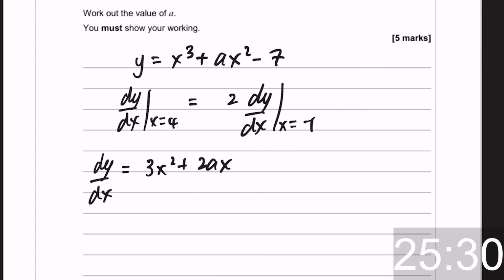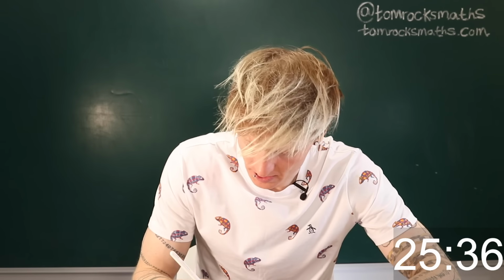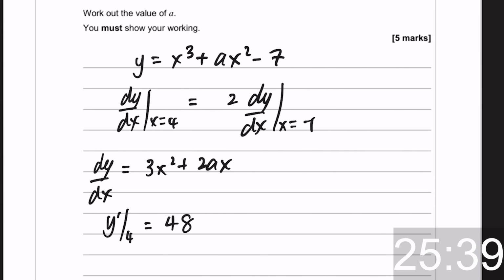So when x equals 4, so y prime at 4 is equal to 3 times 4 squared, 3 times 16, 48, plus 2a times 4, so plus 8a. And that has to be equal to twice the gradient at minus 1.